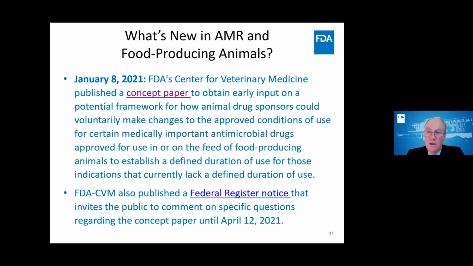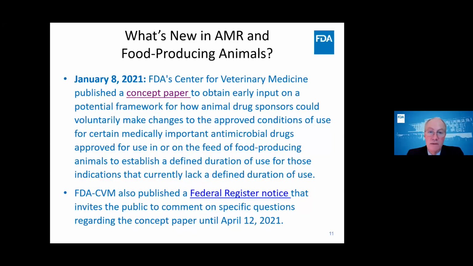And so we've approved a number of different antimicrobials over the years for use in food-producing animals. Some of these approved some time ago did not have a defined duration of use. And so, as you know, with respect to antimicrobial resistance risk management, one of the things that's critically important is using the appropriate dose for the appropriate duration.